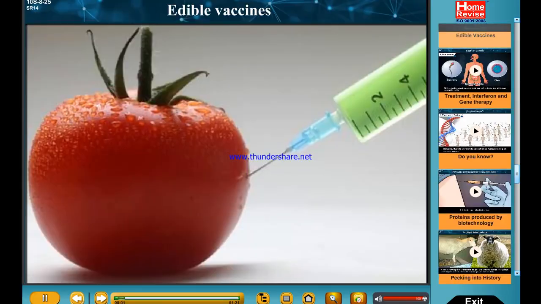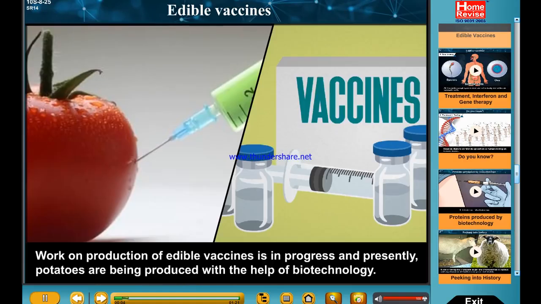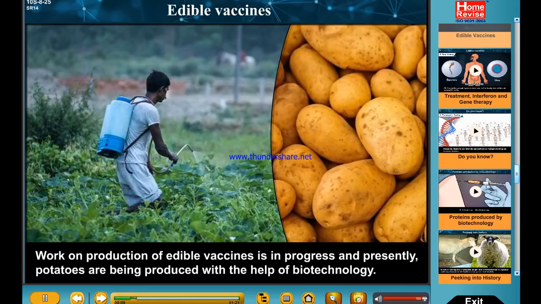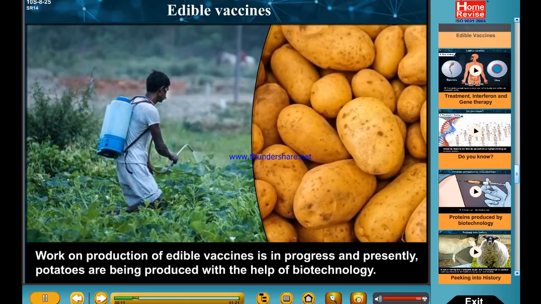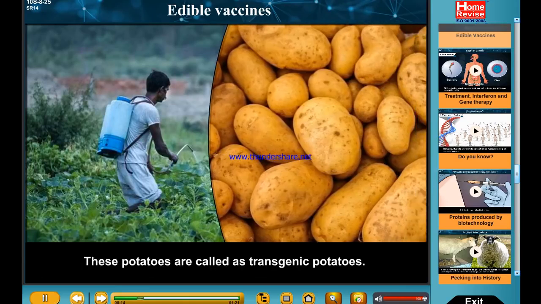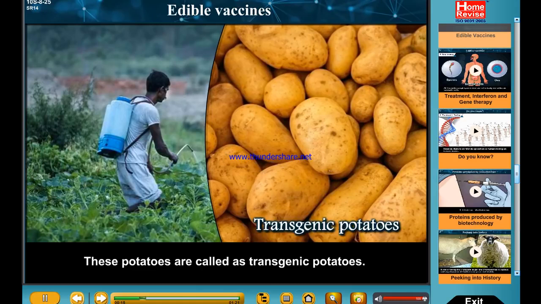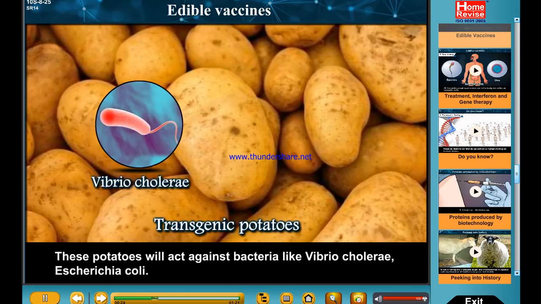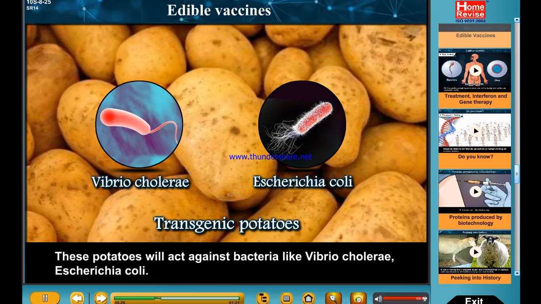Edible vaccines. Work on production of edible vaccines is in progress, and presently, potatoes are being produced with the help of biotechnology. These potatoes are called transgenic potatoes. These potatoes will act against bacteria like Vibrio cholerae and Escherichia coli.